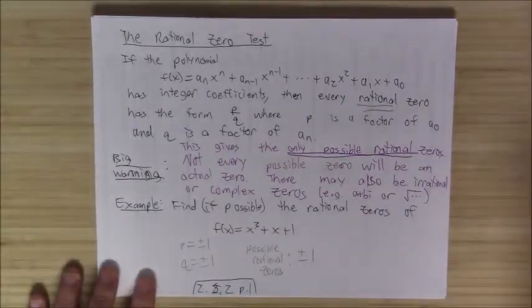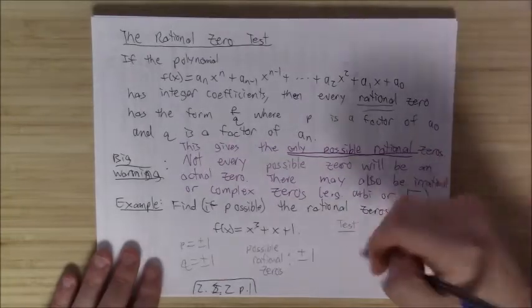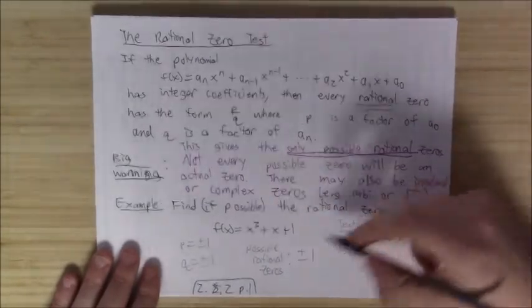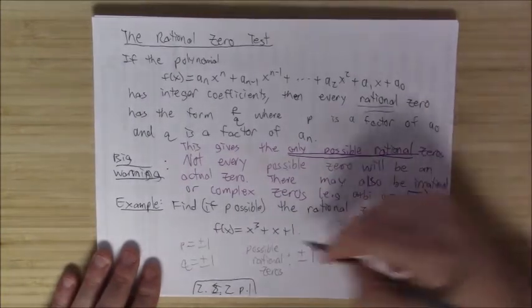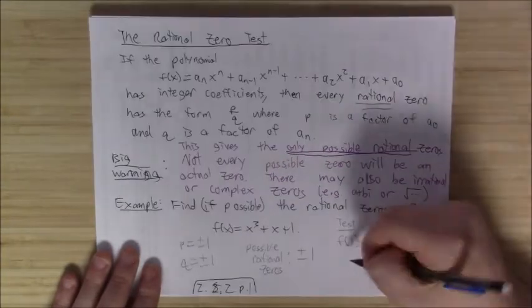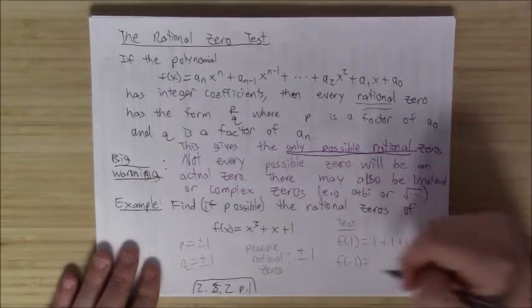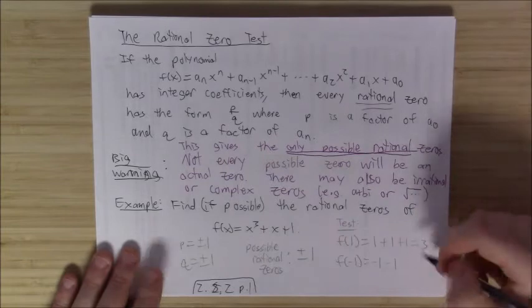However, if you plug those in, let's try testing out to see if either of them is a zero. Well, here we have f of 1 is 1 cubed plus 1 plus 1, which equals 3. So that's not a zero. And f of -1, if we plug -1 in, we get -1 cubed is -1 plus another -1 plus 1.